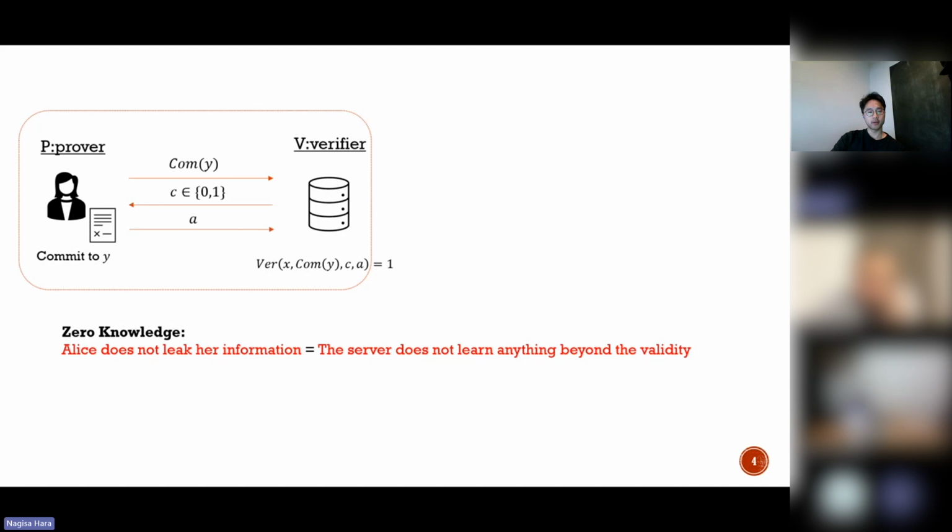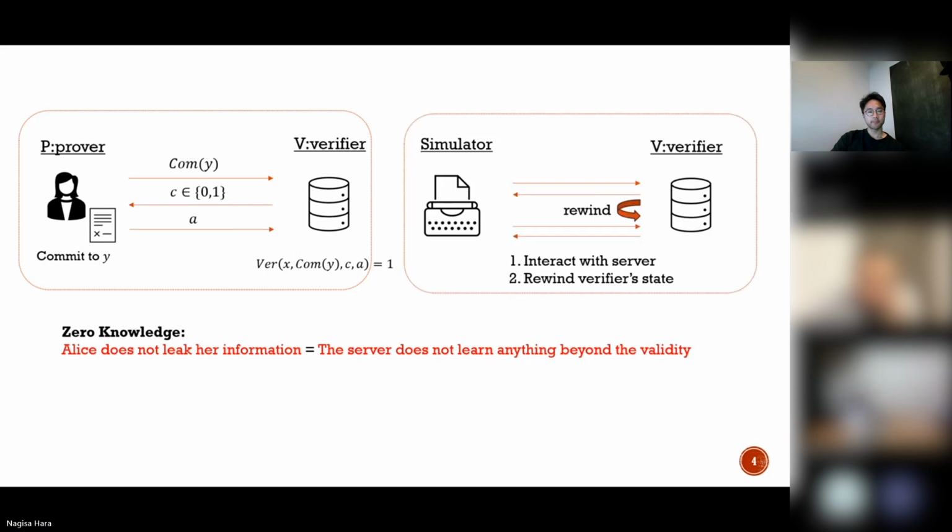So this is basically the intuition of zero knowledge. However, zero knowledge is mathematically defined as follows. So how do we define zero knowledge mathematically? First of all, you consider a machine called the simulator that can interact with the verifier as in the actual protocol. The simulator sends some query to the verifier to invoke some reply.